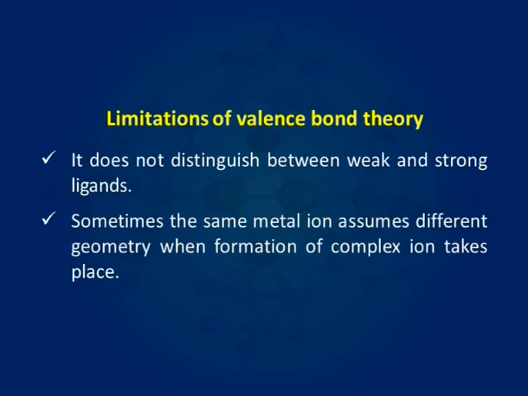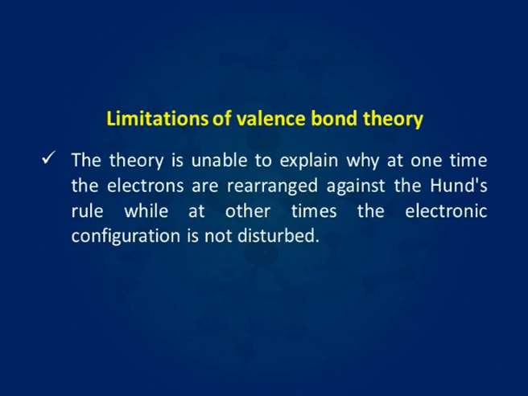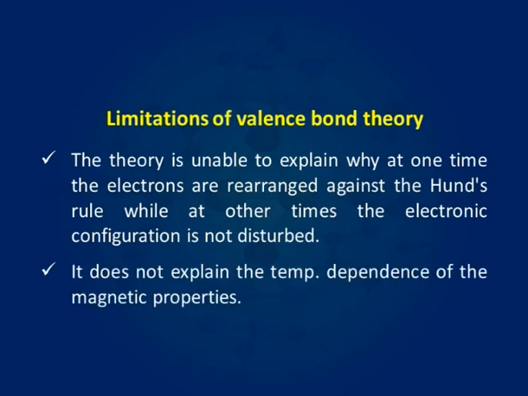Sometimes the same metal ion assumes different geometry when formation of complex ion takes place. The theory is unable to explain why at one time the electrons are rearranged against Hund's rule of maximum multiplicity, while at other times the electronic configuration is not disturbed. It does not explain the temperature dependence of magnetic properties. These were some limitations of valence bond theory.